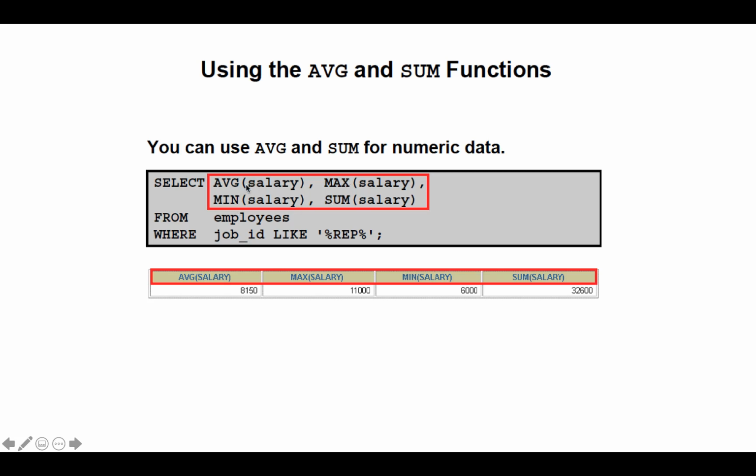The query will always return a table, but the length is 1 because it only gives me a single value. So it gave me the average salary of those employees, the maximum salary, the minimum salary, and the sum of all the salary of these employees.